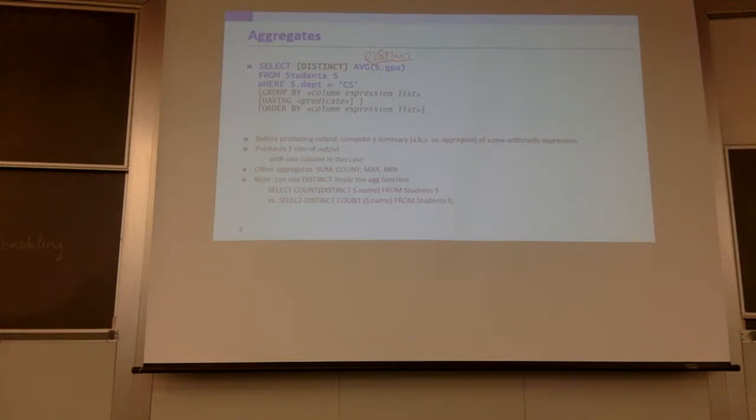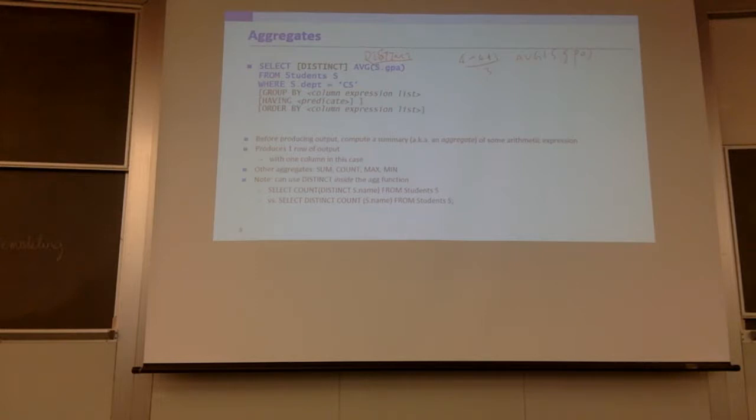That basically means you are only going to average the distinct values of GPAs. Suppose two guys have a GPA of 4, one guy has a GPA of 3, then the average would not be 4 plus 4 plus 3 divided by 3. That's the result of average as GPA.